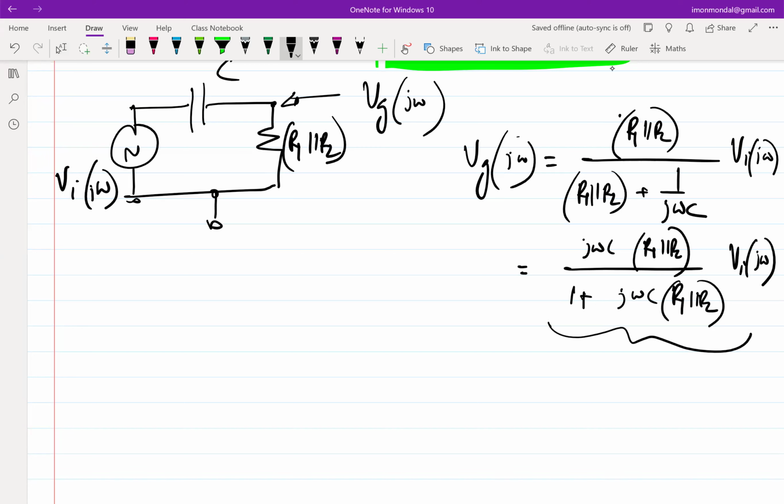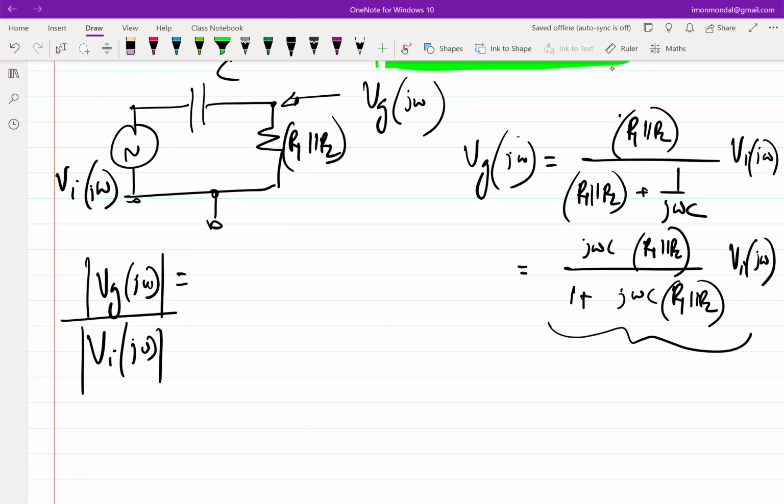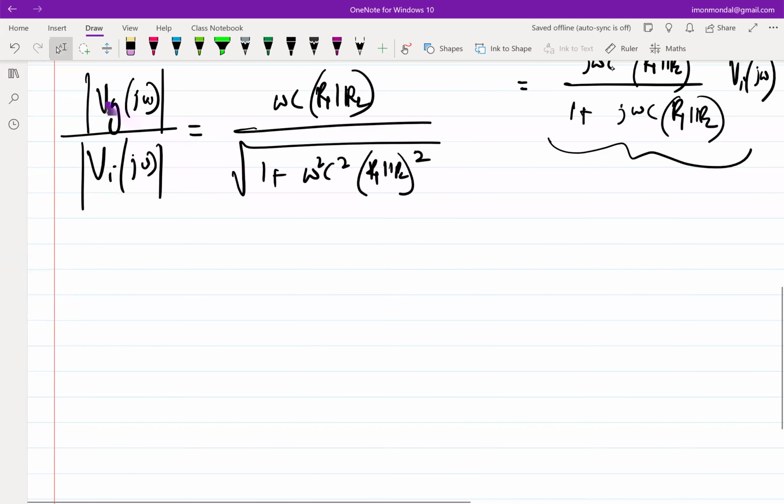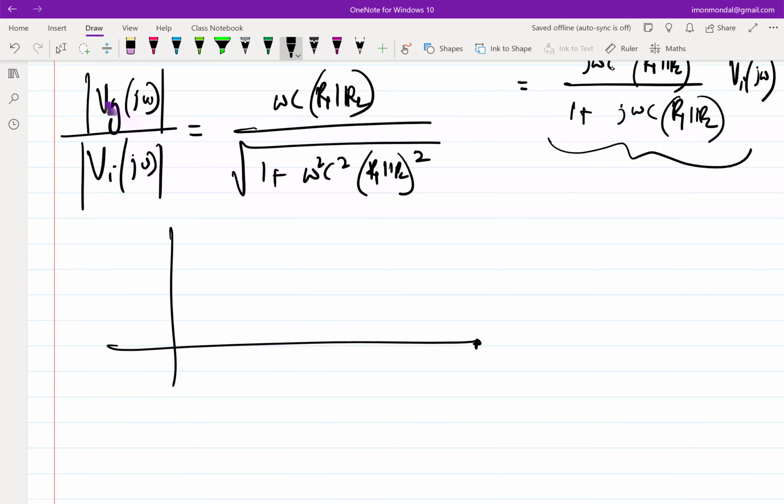So if I plot the magnitude of the transfer function, first the expression becomes omega c R1 parallel R2 in the numerator.